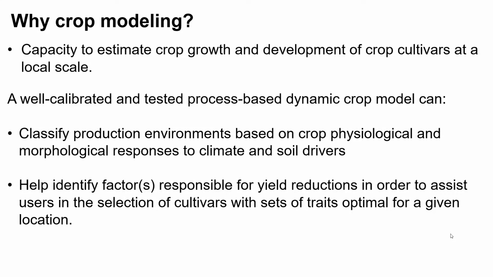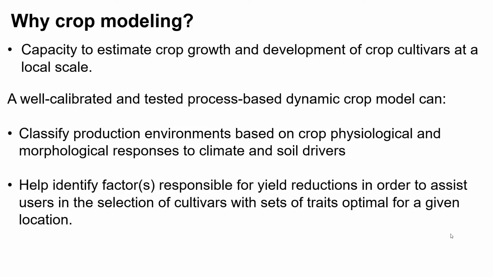So why crop modeling? Crop models can estimate crop growth and development for a given location if the climate, soil, and management input data are sufficiently fine-grained, the model is appropriately parameterized, and is sufficiently process-based.